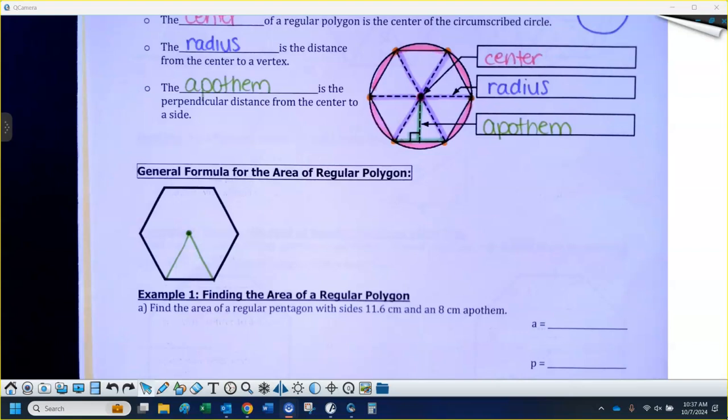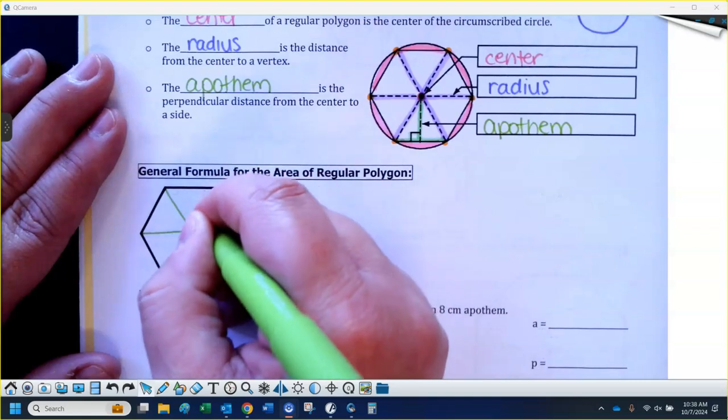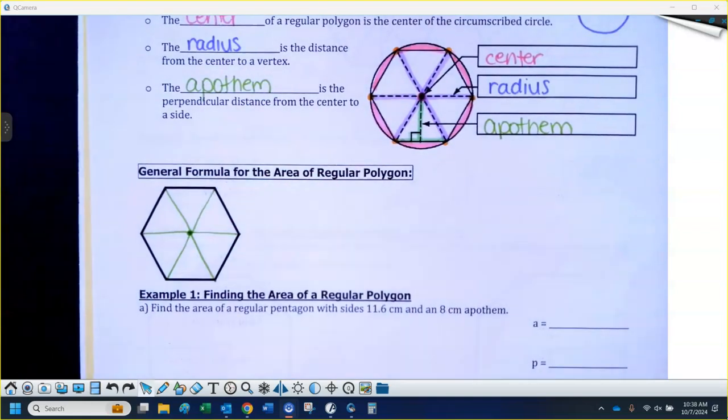If I drew that to each vertex, how many little triangles would it make on the inside? Does anybody know? I got one triangle there. If I connected each vertex to the center, how many little triangles would you have? 6. If you had a pentagon, you'd have 5. If you had an octagon, you'd have 8.